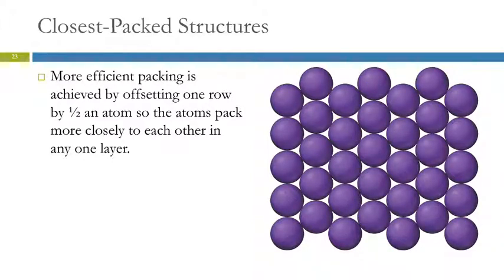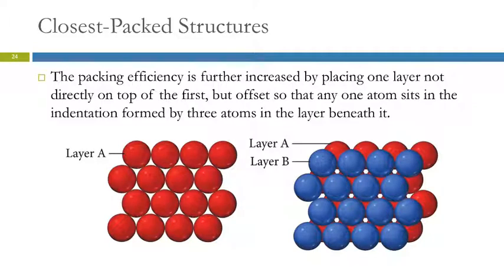We can pack them in closer together that way. Does that make sense? So we're going to do that for layer A. And then layer B, instead of putting it directly on top of layer A, we're going to offset that as well. And so we have A, B, and then A would be directly, the third layer would be directly on top of this one.